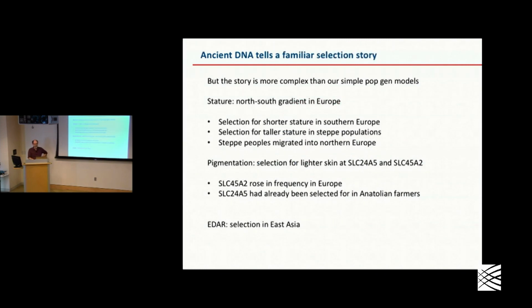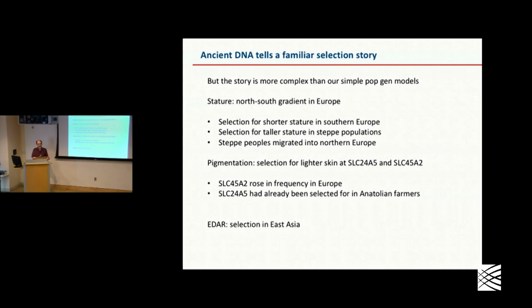What was interesting about this was that it's telling a similar story to other ways of doing a selection scan, but the story, when we have more information, turns out to be more complex than what our simple population genetics models suggested. So I just told you about the stature, like there's this gradient north to south.